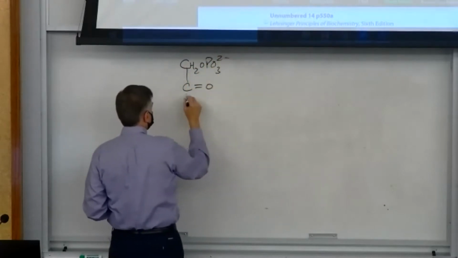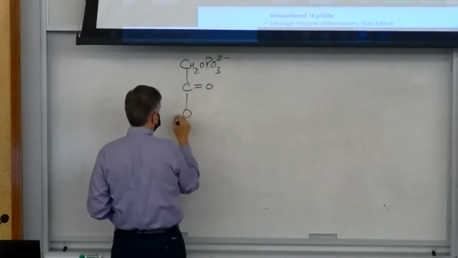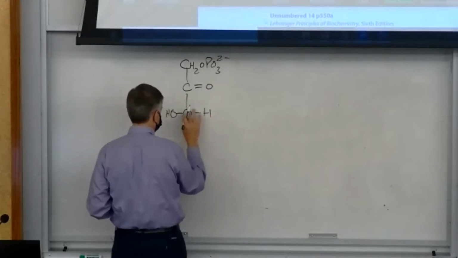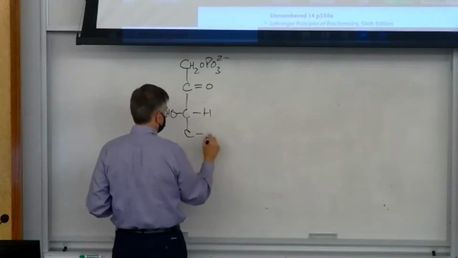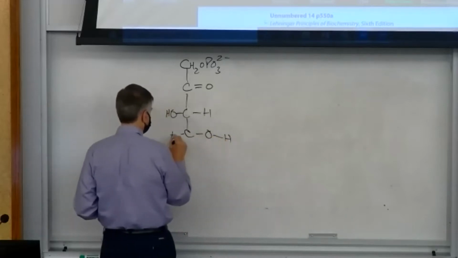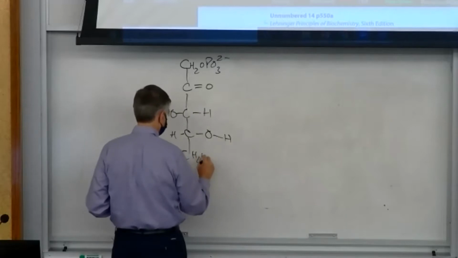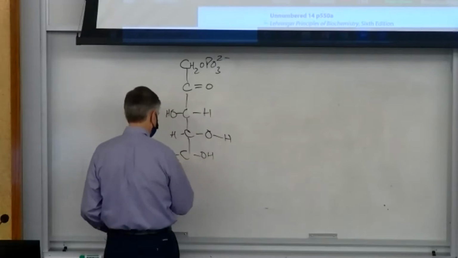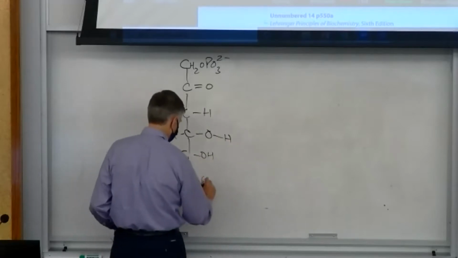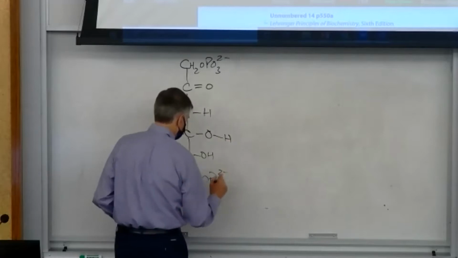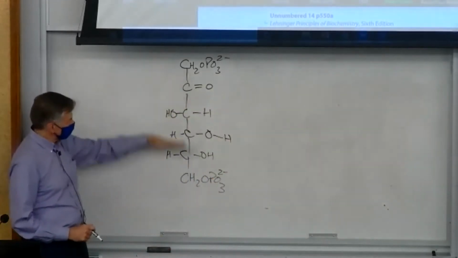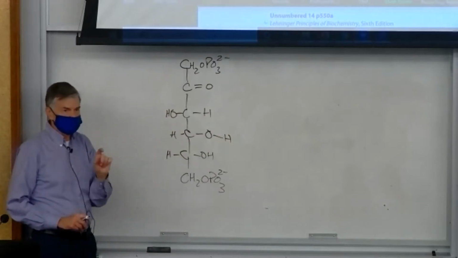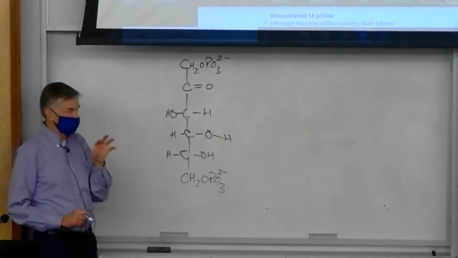So I'm going to draw that out here. Okay, so this is our fructose 1,6-bisphosphate produced in step 3 of glycolysis, the phosphofructokinase step.